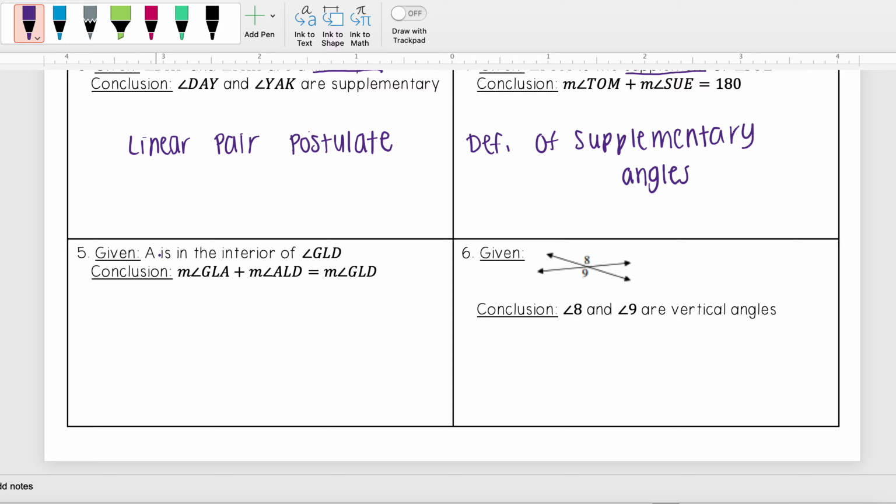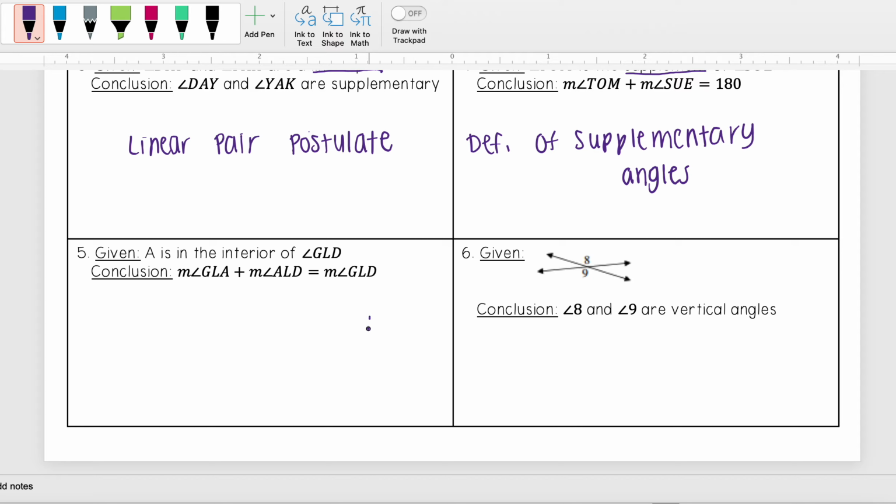Okay, number 5, I'm given that A is in the interior of angle GLD. My conclusion is that the measure of angle GLA plus the measure of angle ALD is equal to the measure of angle GLD. So for this one, it might be helpful to go ahead and draw a picture.